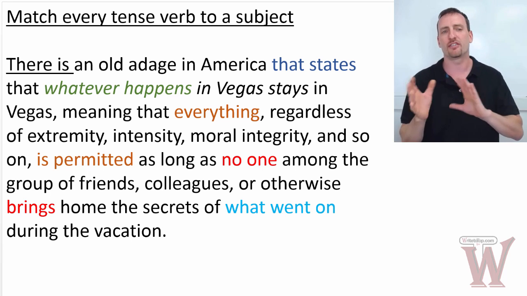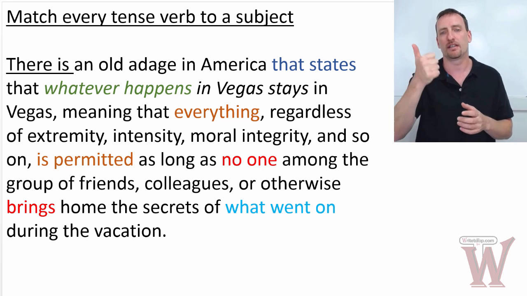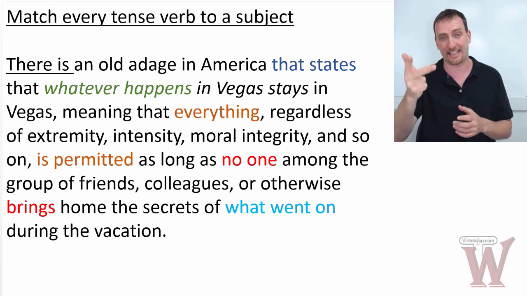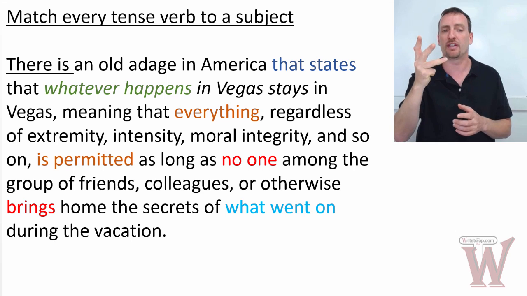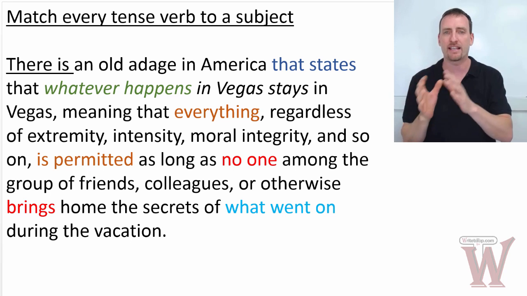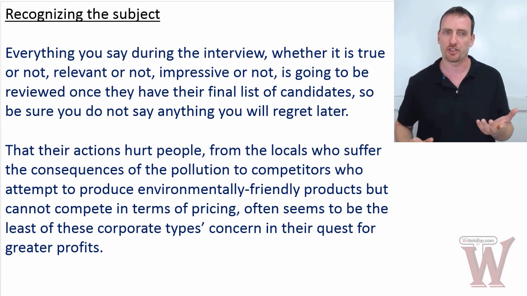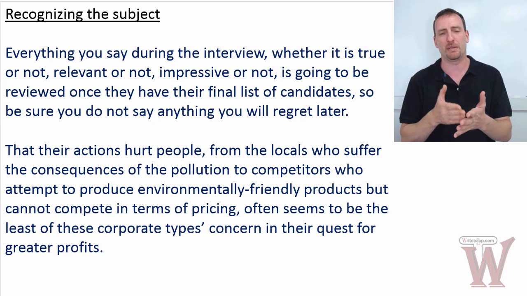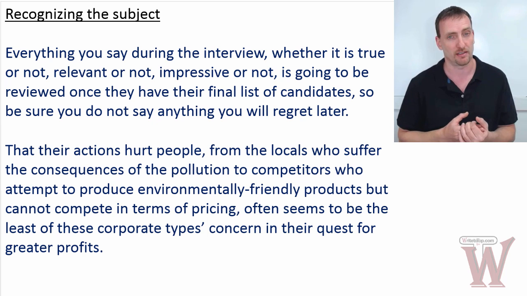Okay, so more or less they're all together. There is, that states, whatever happens in Vegas stays in Vegas. Everything is permitted. No one brings what went on. So all of these are together now. Everything matches, everything agrees. The problem generally happens when people don't understand what the subject is.